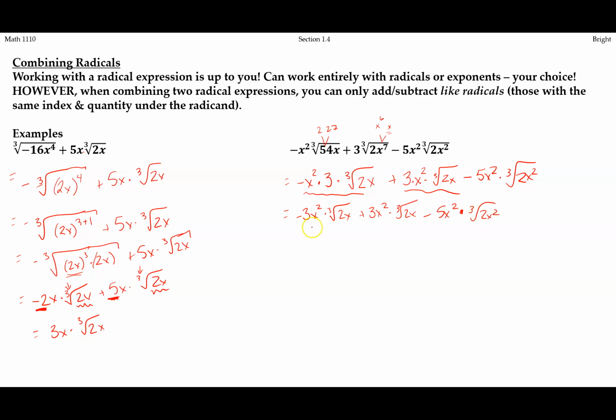Now, these first two can combine because the radicands are the same, as are the indices, but the last term I can't do anything with. That's just going to be hanging out.